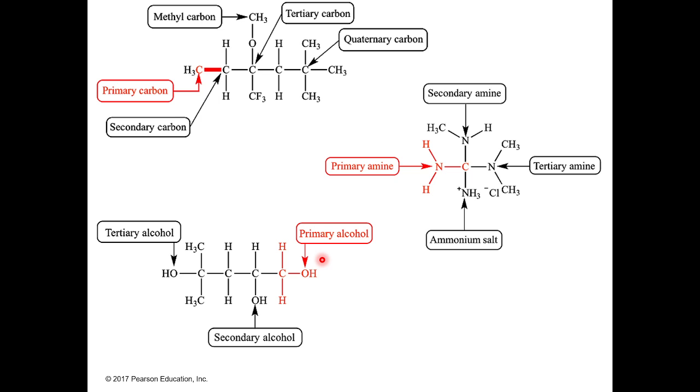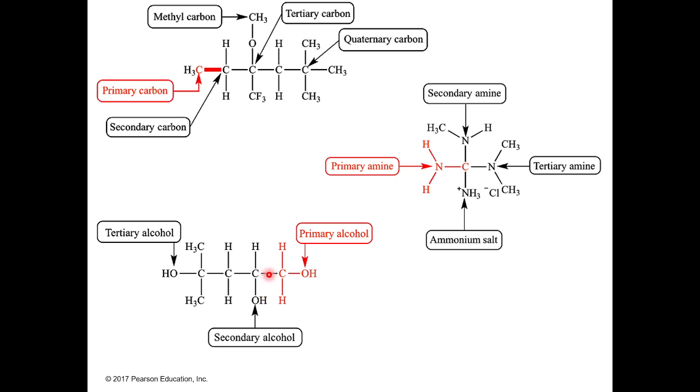Alcohols are not carbons. They're oxygens, aren't they? And so when you name an alcohol, you name it based on the carbon it's attached to. So this right here is a primary alcohol because the carbon it's attached to is a primary carbon. Can everybody see that okay?